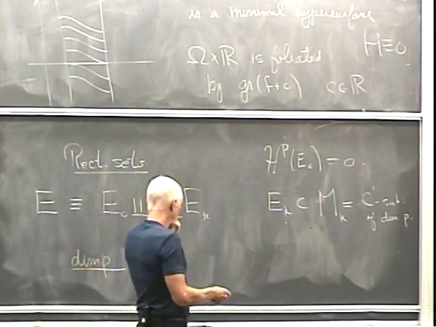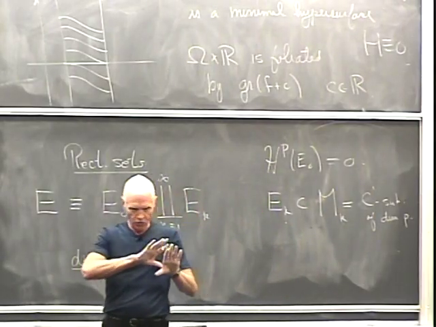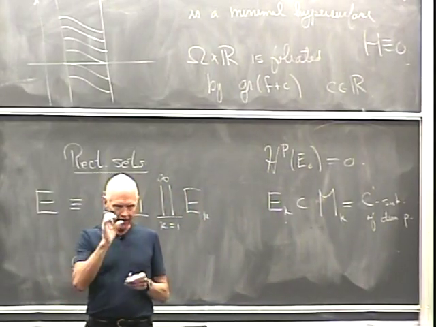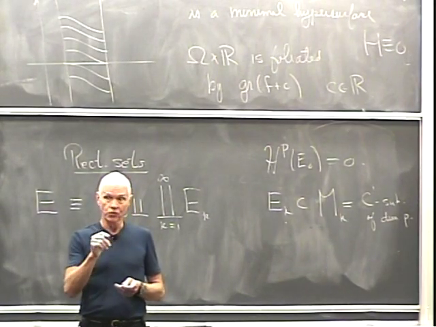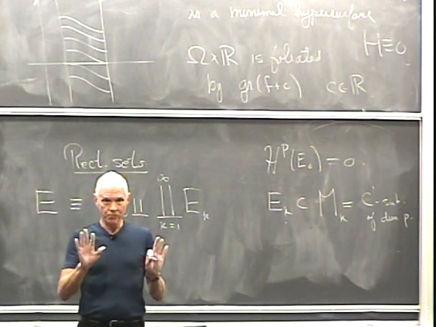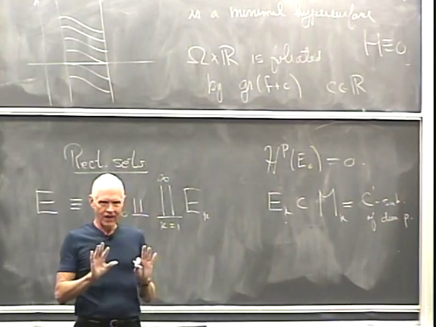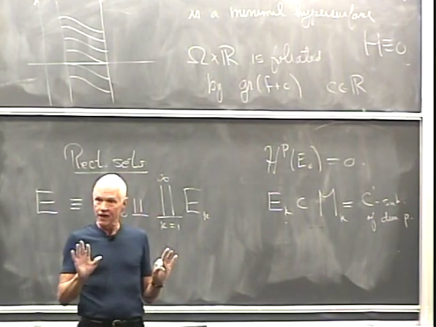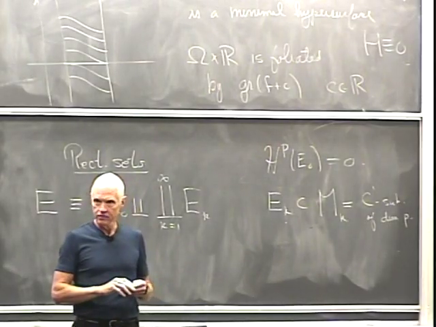Or you can do something really weird, like in the plane, take all points with rational coordinates, and at the kth rational coordinate, take the circle of radius 1 over 2 to the k. Okay? So here's something which is dense, right? But it has finite Hausdorff measure, and it's a union of manifolds outside a countable set, actually.